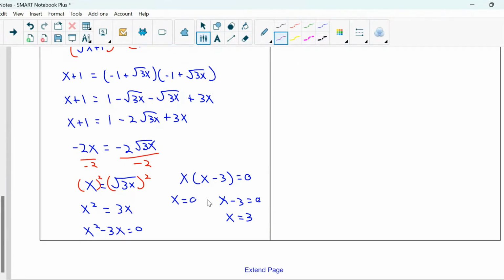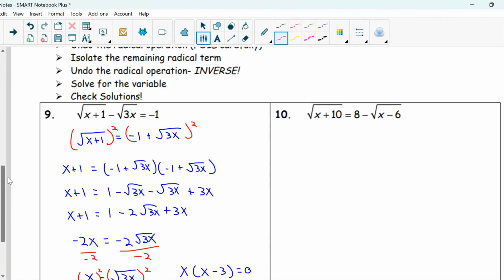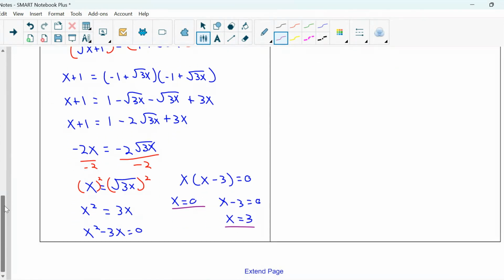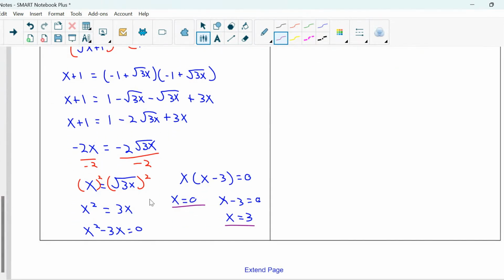Okay, so now I have found two different solutions for my equation. Now I'm going to substitute both of those into my initial equation up here and check my solutions. So checking x equals 0, if I was to substitute that in, I would get 1 equals negative 1.